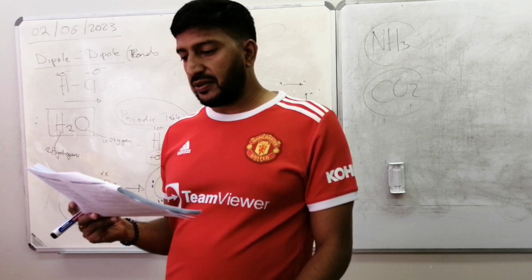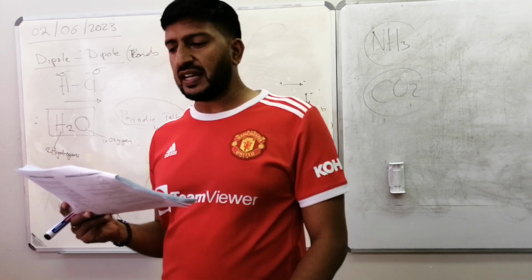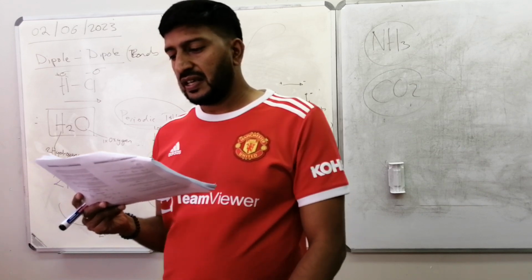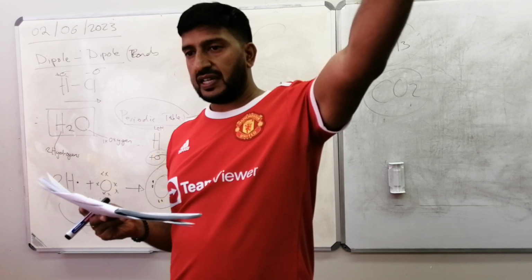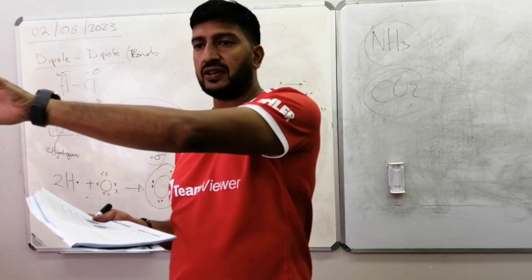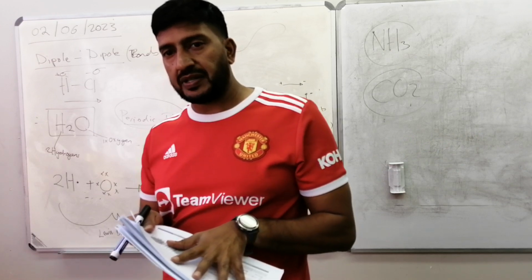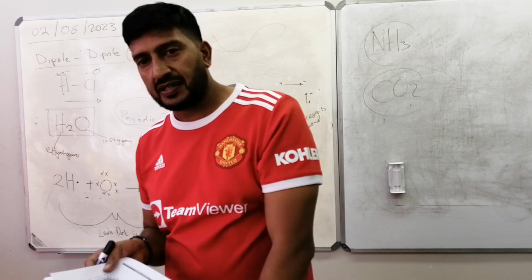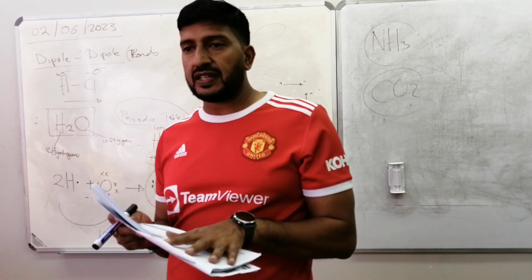Let's look at the other one, the boron trichloride. Is it satisfying the octet rule? No. 2, 4, 6. So one satisfies the octet rule and the other doesn't. But if we put them together, what happens? They bond together, and then they satisfy the octet rule.